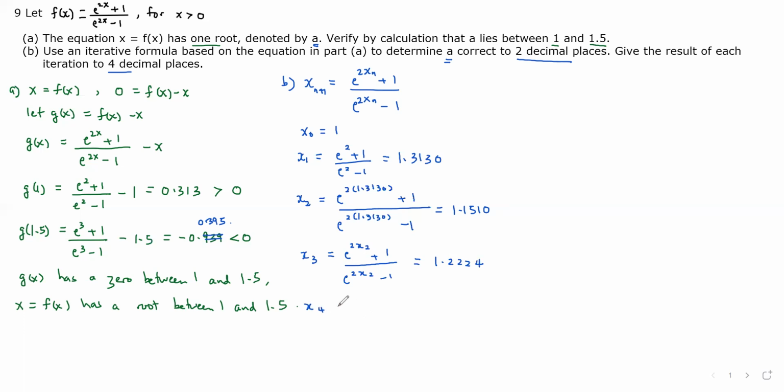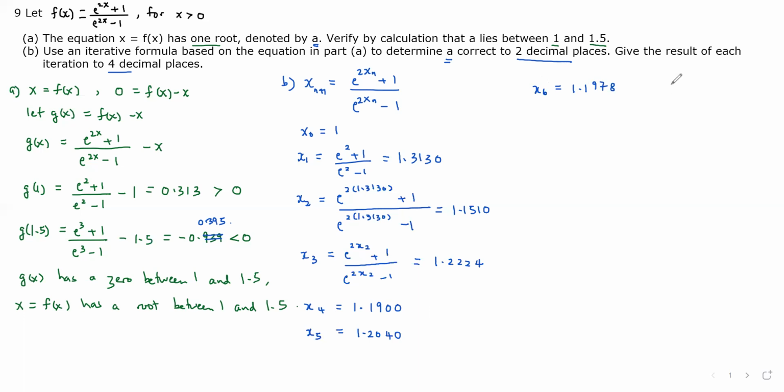X sub 4, we continue the process and we find x sub 4 to be 1.1900. We have not reached convergence. X sub 5 is 1.2040.